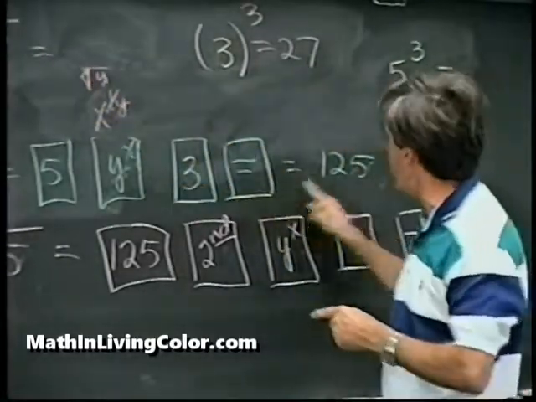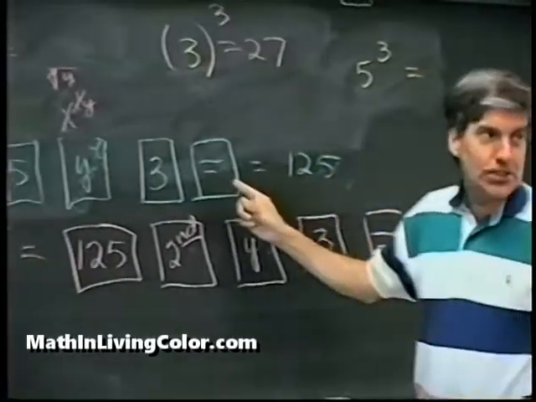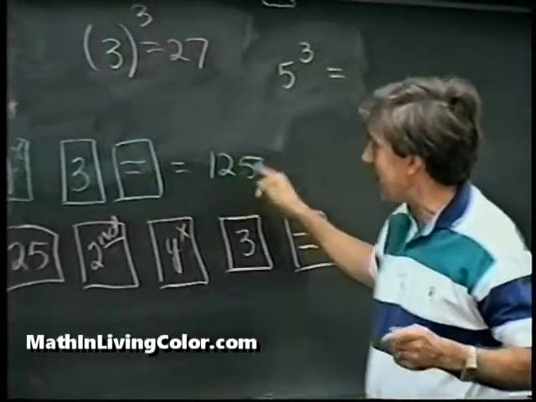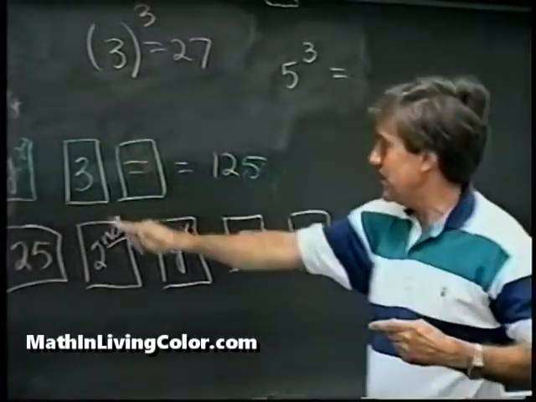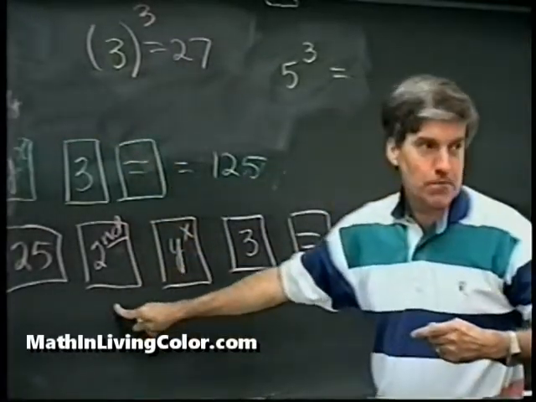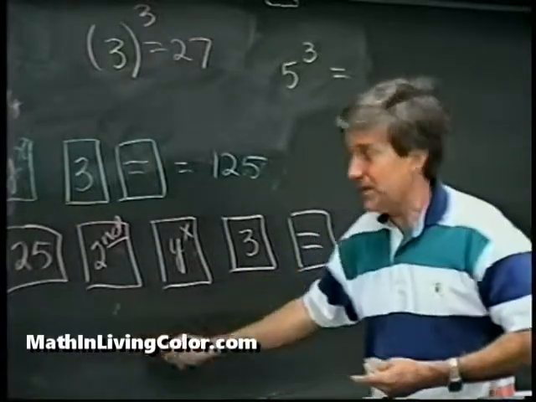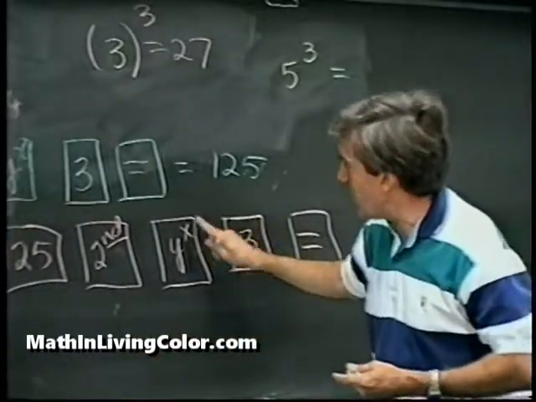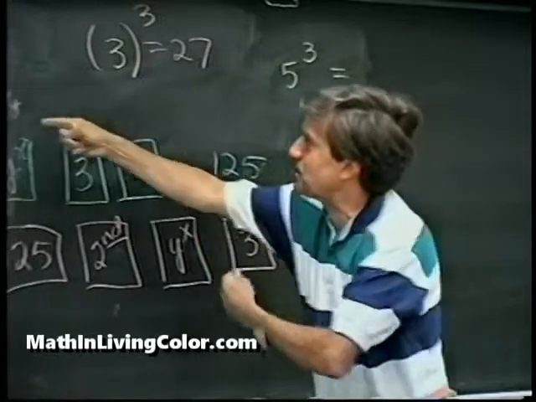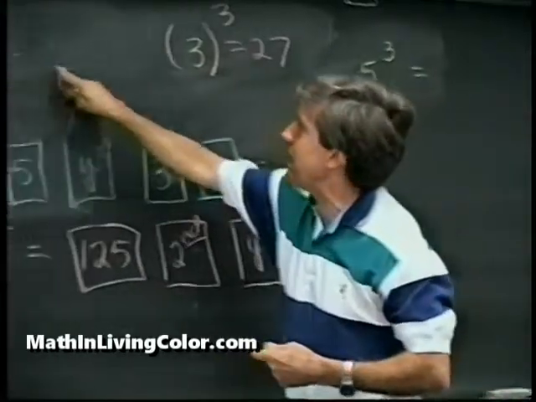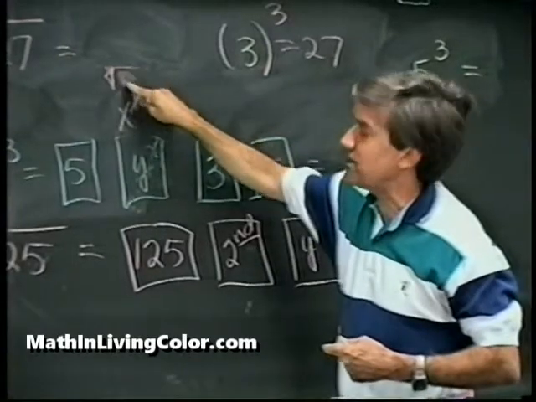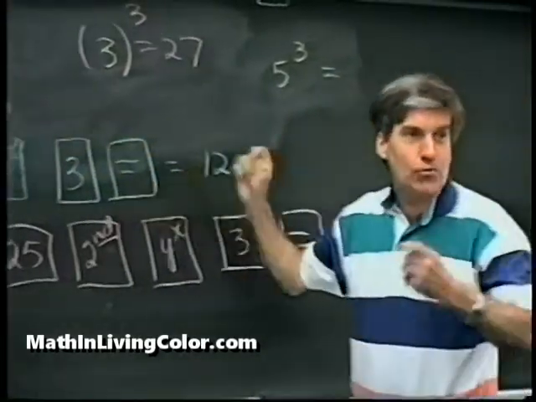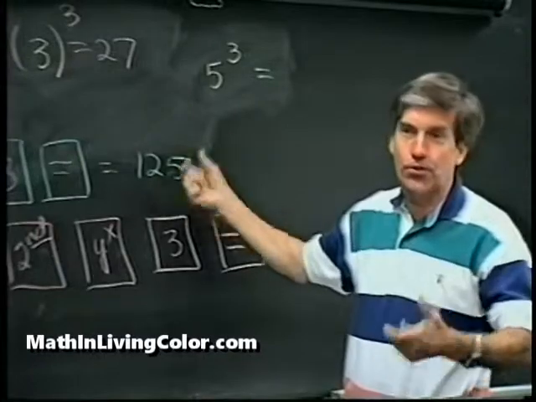So if you've got 125 in the calculator, most of the time what you're going to do is take that 125 and press the second function key, or the shift key, or the inverse button, and then the x to the y, and that's going to activate the x to the 1 over y, or maybe the x root. Your calculator probably doesn't say x root of y, it says x root. Then you have to tell it what root, whether it's third root or fourth root or fifth root.